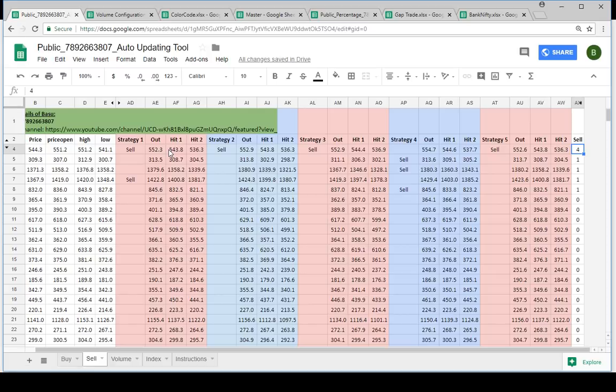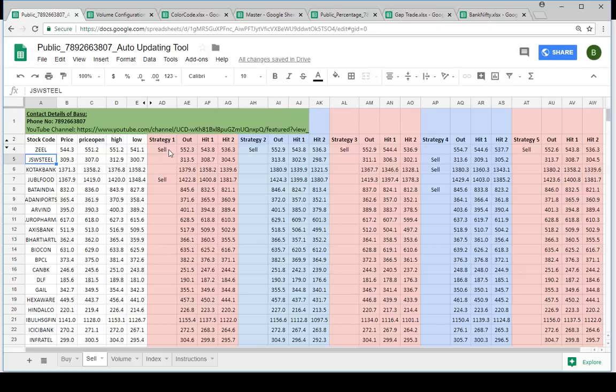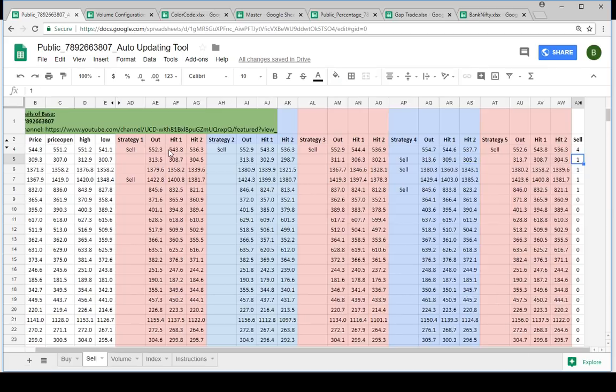So it was showing as selling four, and it was on the sell side. Similarly, there were no threes here, and only JSW Steel was on the selling side with only one strategy, which is the fourth one. So hence it will be the next selling stock.